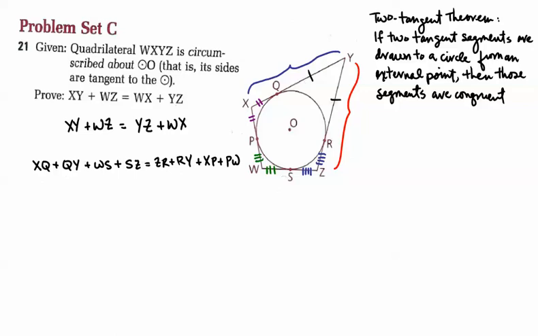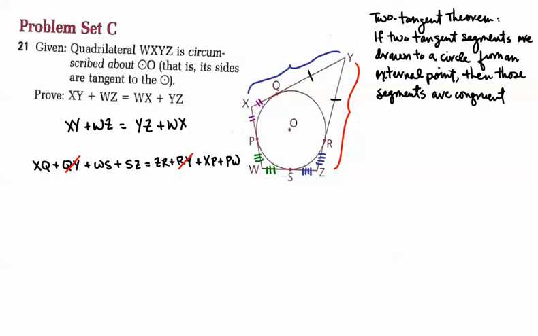Alright, so I think all we need to do here is to show that each one of these parts on the left is congruent to a part on the right, and that's going to be the basic strategy for this. So we know that QY is congruent to YR, or RY, however we say that.